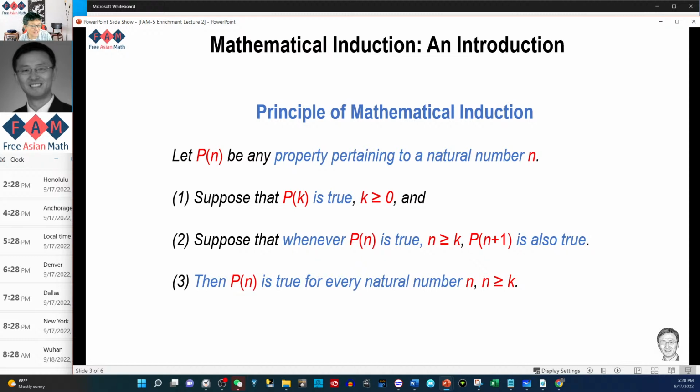We'll be happy with that as well. Meaning that we can forgive the first 3, we only care starting from 4. So from 4, 5, 6, 7, 8, this property is always true.